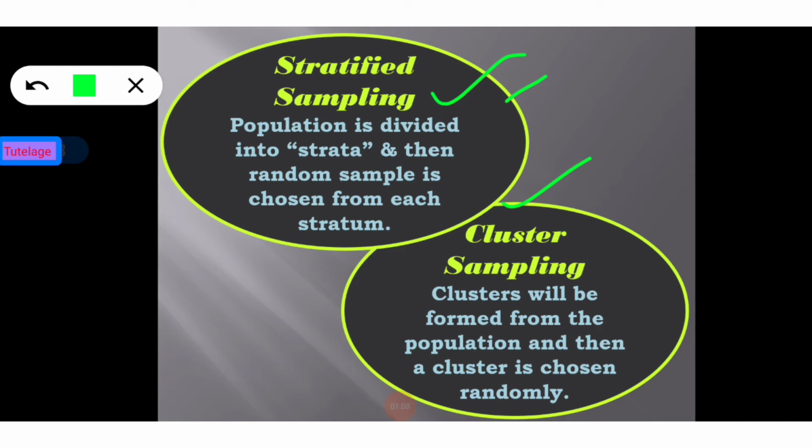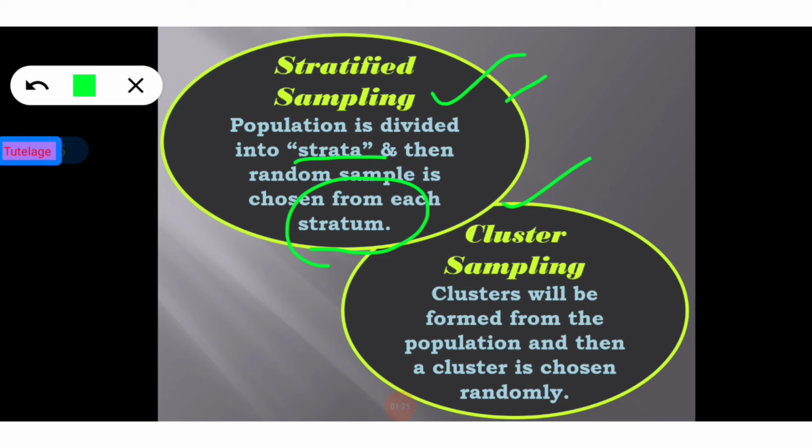In such a procedure, the population is divided into strata and then a random sample is chosen from each stratum. For example, a sample is to be chosen from people visiting a mall.